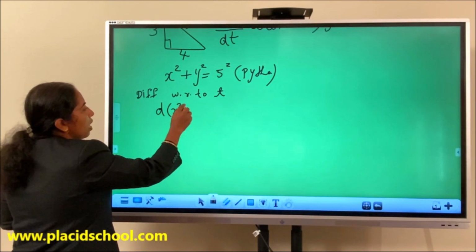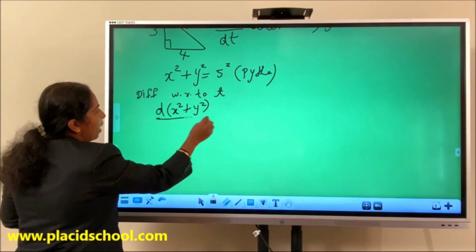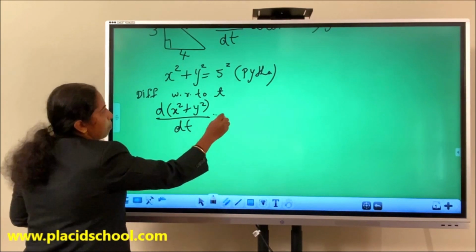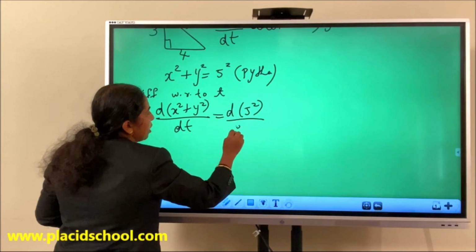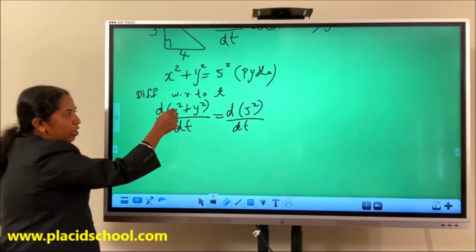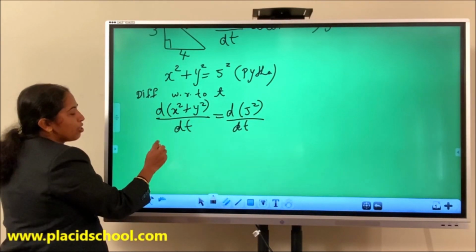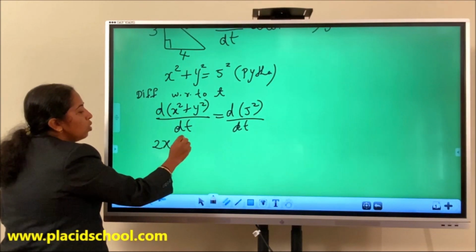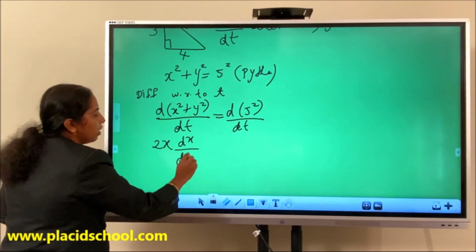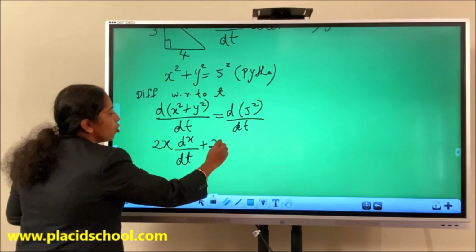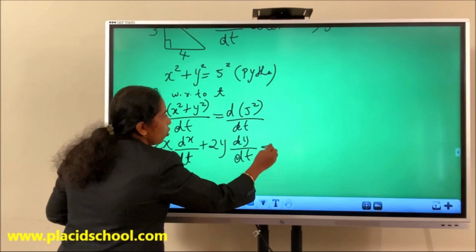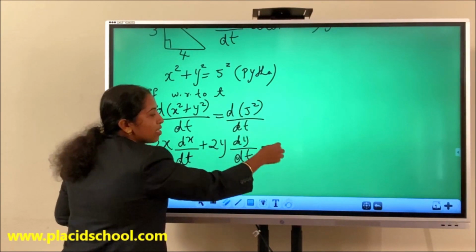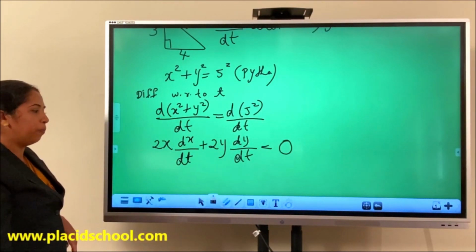Derivative of x square plus y square with respect to time equal to derivative of 5 square with respect to time. Now I am going to differentiate using derivatives of implicit functions. 2x into dx by dt plus 2y into dy by dt equal to 5 square is 25, which is a constant, so derivative is 0.